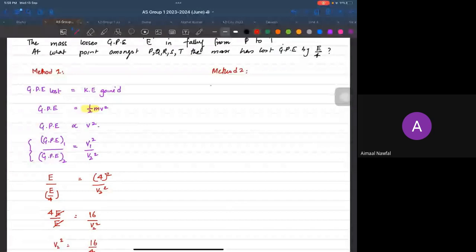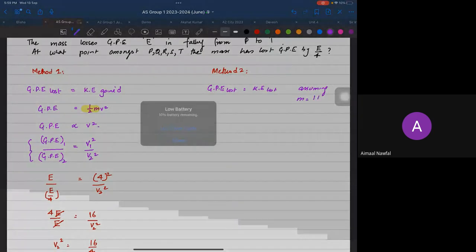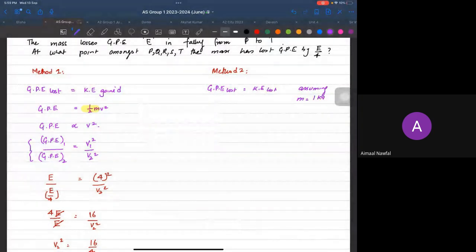Again, I'm going to write that gravitational potential energy lost will be equal to kinetic energy lost. And I'm assuming that the mass is 1 kg. It doesn't matter, I'll tell you how. So GPE will be equal to half mv squared.